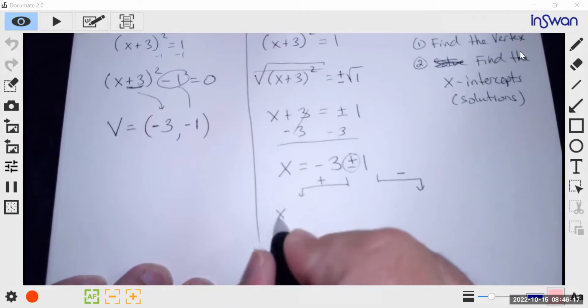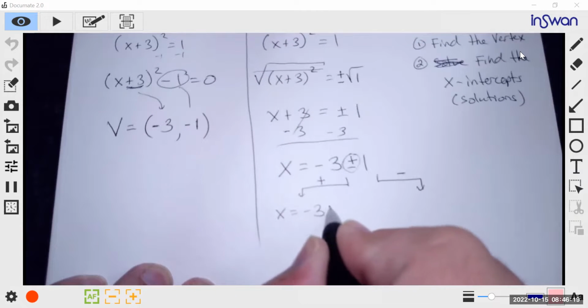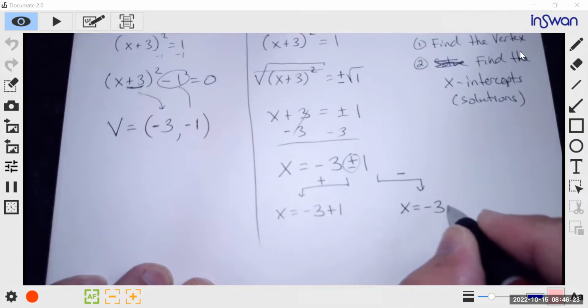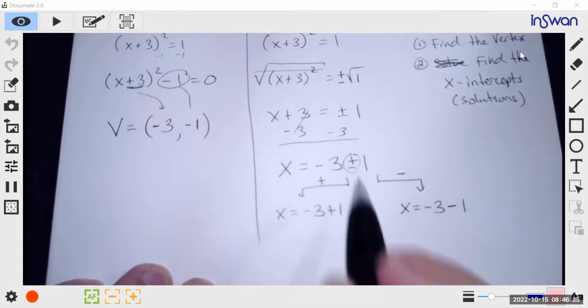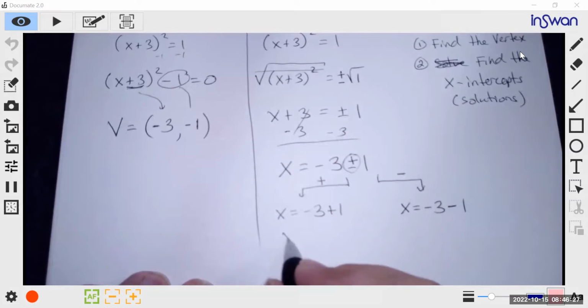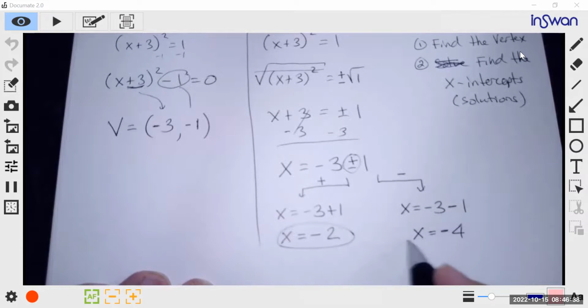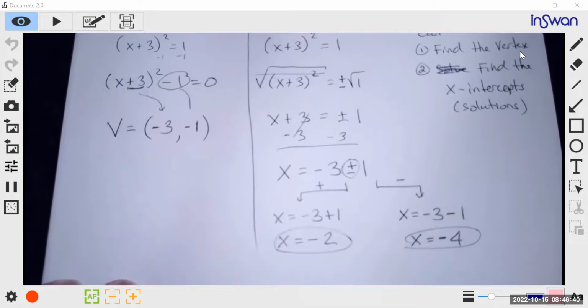So we have x equals -3 plus 1 and x equals -3 minus 1. I'll take one of each of these. -3 plus 1 is -2. Since they're both negative, add them: -3 minus 1 is -4. These are my x-intercepts, -2 and -4.